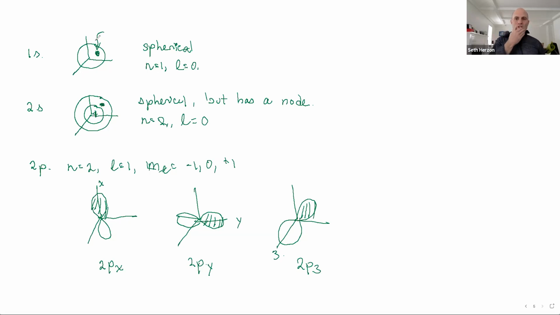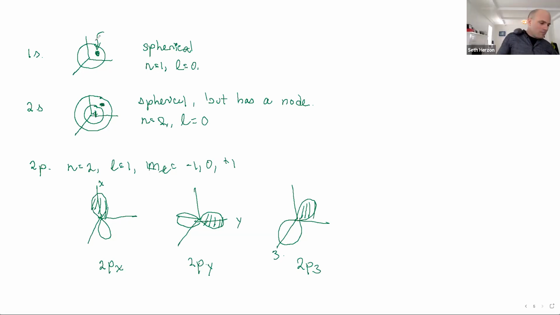As soon as you get to the second row, carbon, oxygen, nitrogen, okay? We have the 1s orbital, but then we also have the 2s, and then overlaid on top of that, we have these 2p orbitals. Okay, great, thank you. Yeah.